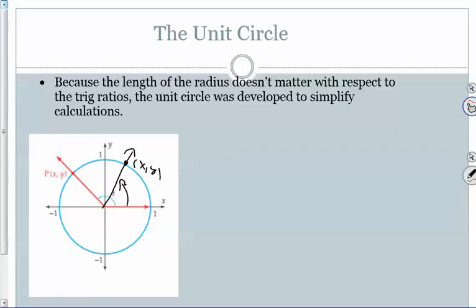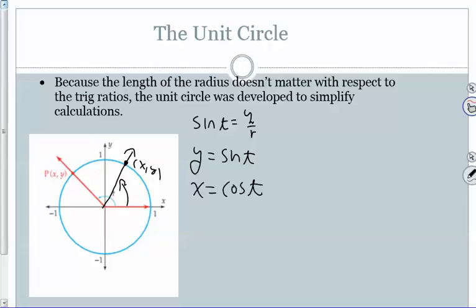If we think of the unit circle, then we can say that the sine of angle t is equal to, I believe, y over r, but the radius is 1, so y is equal to the sine of t. Well, if that's true, then x is going to be equal to the cosine of t.